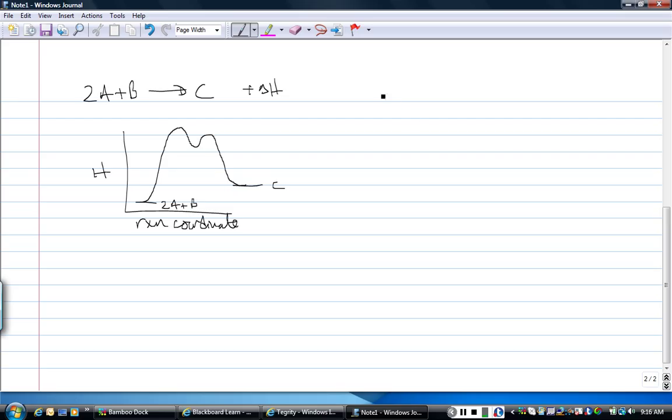Now if you recall, the mechanism I proposed was A plus B gave rise to W, and then W reacted with another A to give rise to C. So step 1, step 2. Both steps 1 and 2 are bimolecular steps, meaning that in both steps, there are 2 particles on the left-hand side of each of these steps.